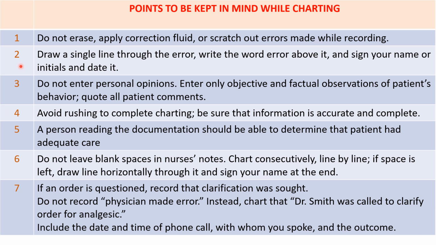You have to write the word error above it, and after that you have to sign your name or initials and date it. You give a single strike, then you write the correct word, put your sign with your name and initials and date.